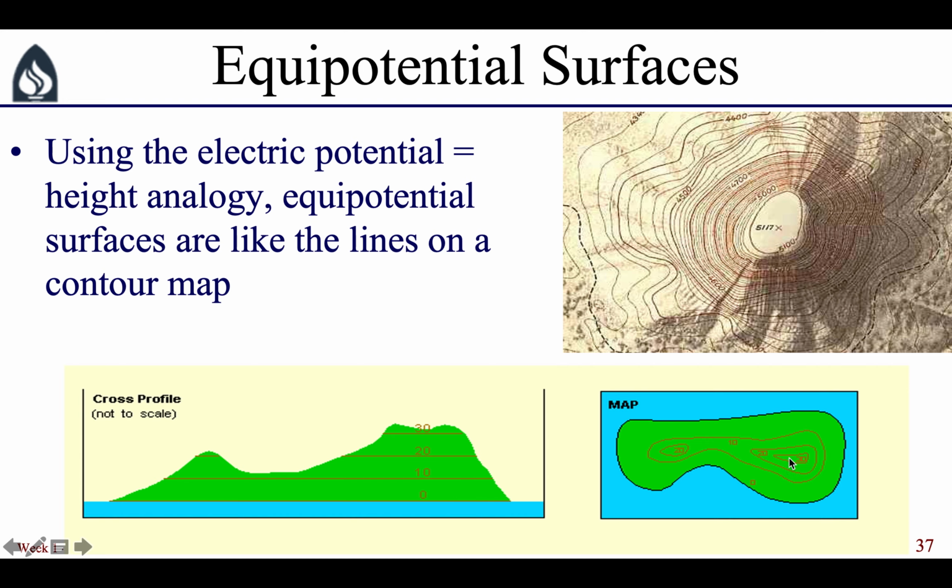And by looking at how close together these lines are, you know how fast the height is changing. If you were to walk in this direction, the height would be changing faster than if you walked in this direction because you cross these contour lines more quickly. And this is an actual picture of a contour map, and we can see this is a mesa.